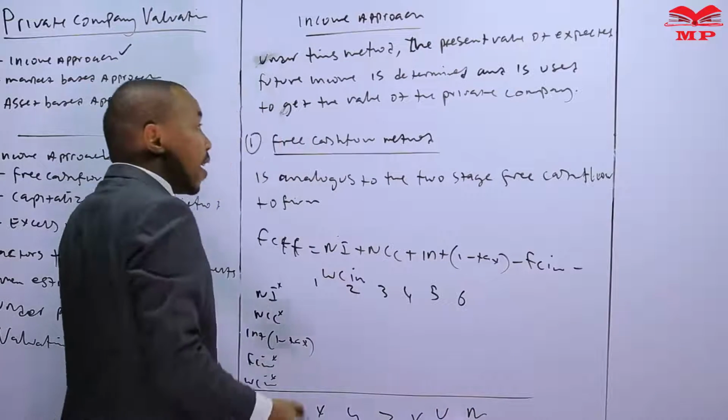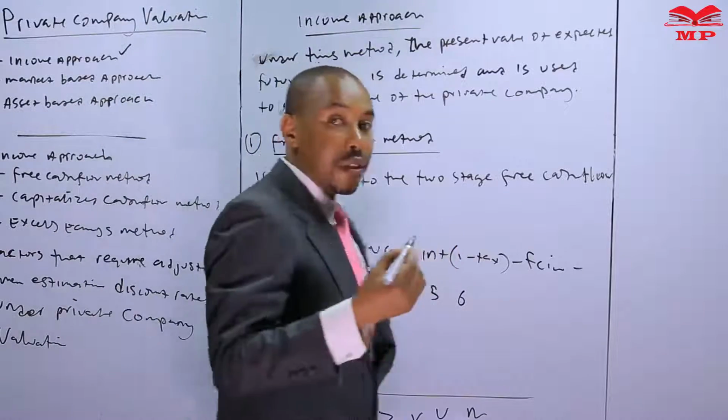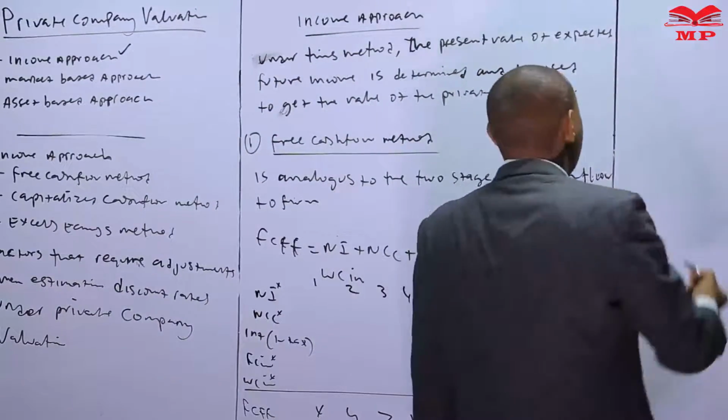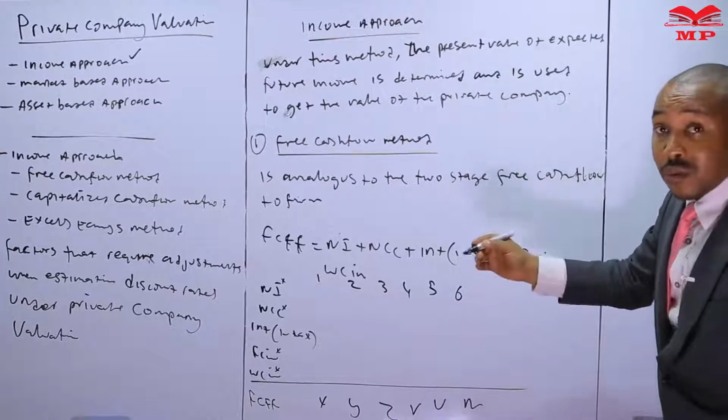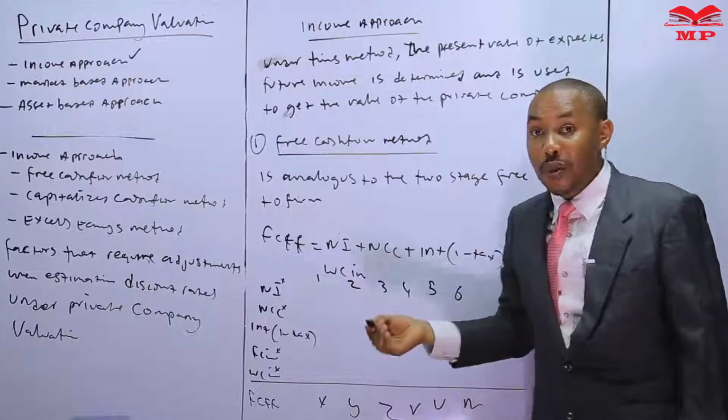They're all gotten like that, and then we use the discount factor component of weighted average cost of capital. Remember, the FCFF, or the free cash flow to firm, is discounted using weighted average cost of capital.